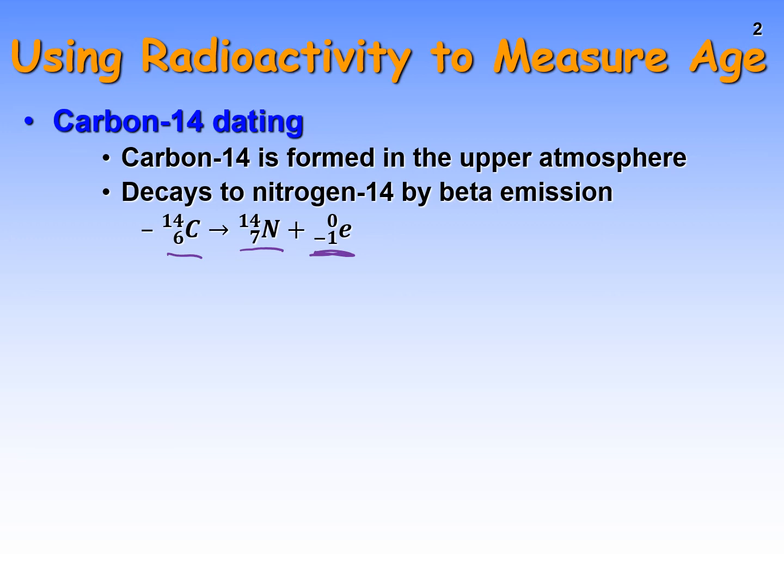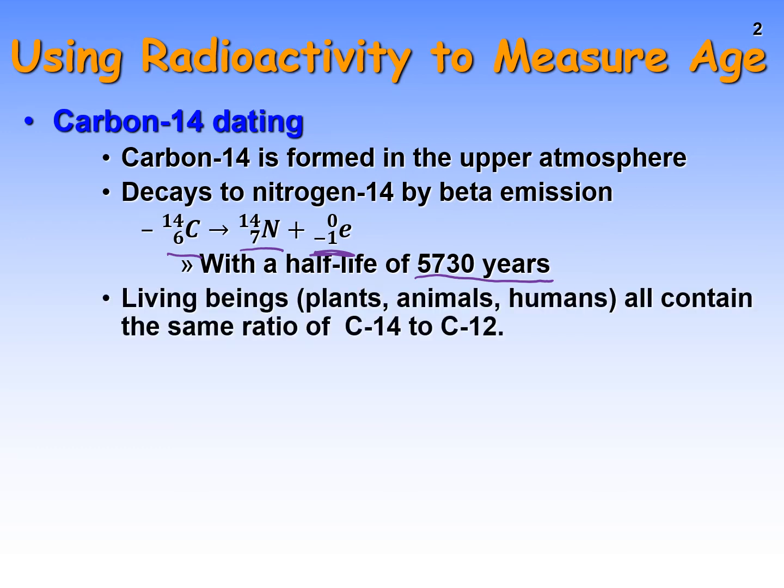Now, the reason why this can be used for dating a substance is that it has a half-life of 5,730 years, so this takes a while, but it happens. The reason why we can use this is because all living beings contain the same ratio of carbon-14 to carbon-12, because we're constantly taking in carbon, either through food or through the air that we're breathing or through a number of different biological processes.